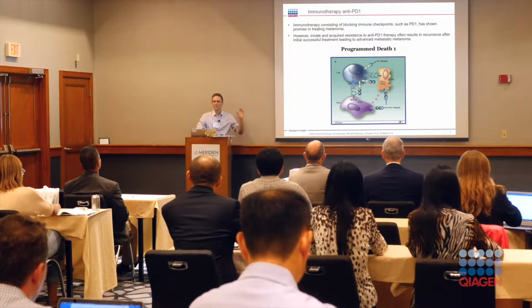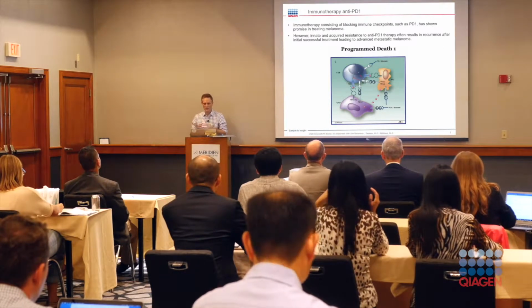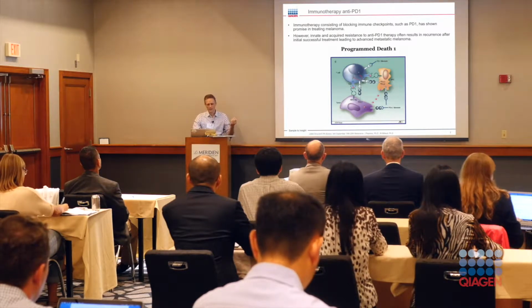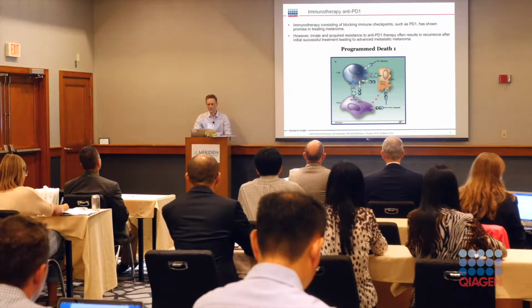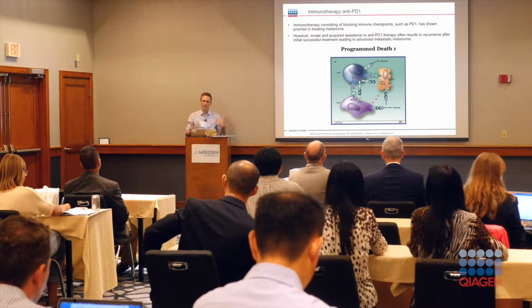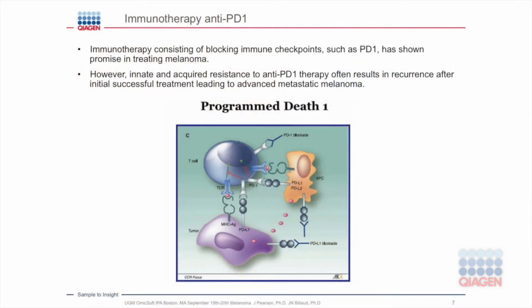As a very, very brief background on anti-PD-1, in essence, the PD-1 receptor is expressed on T cells, and many normal tissues express PD-L1, the ligand, and this helps downregulate autoimmune response, and so you avoid autoimmune disease. Unfortunately, this also means that if a tumor is expressing PD-L1, it inhibits the immune system's ability to fight the tumor.